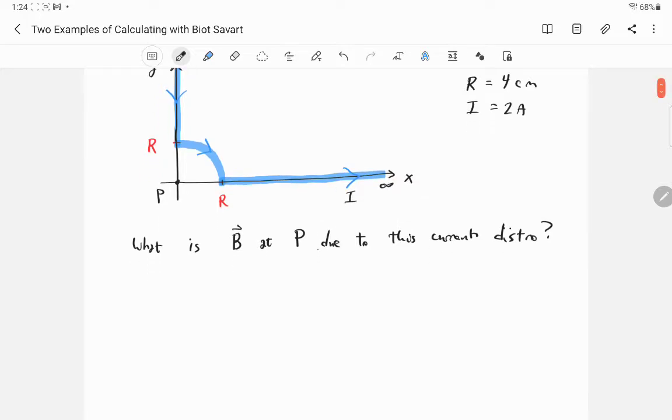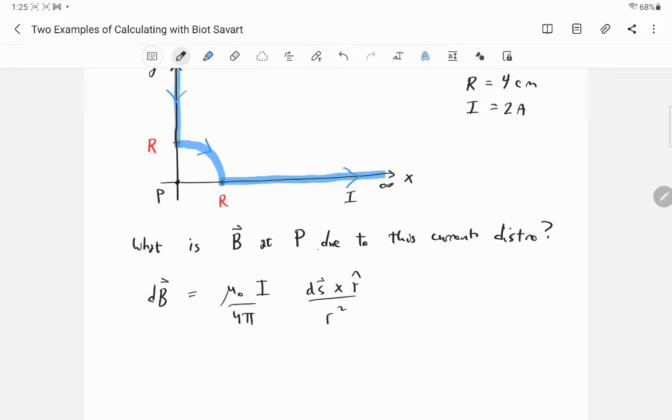Okay, so the answer depends on using the Biot Savart law. I'll just write it down: mu naught I over 4 pi, ds cross r hat over r squared.